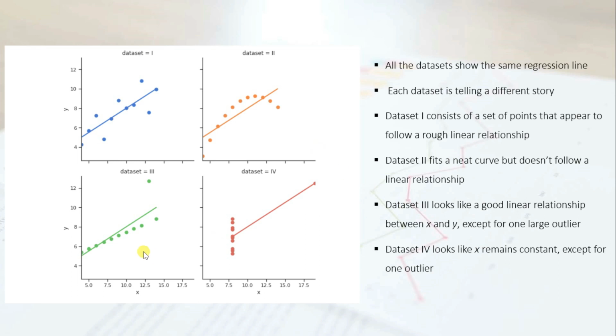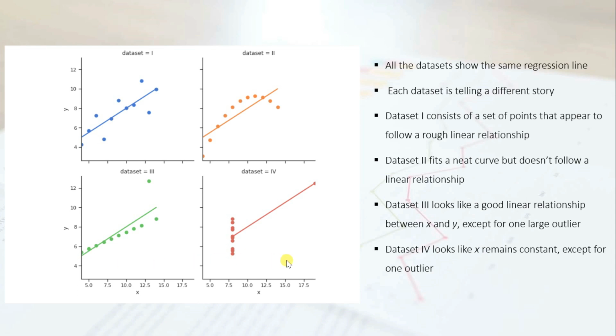For dataset 3, there looks to be a good linear relationship between X and Y, except for one large outlier. Except for that outlier, almost all other data points lie on or very near the regression line.